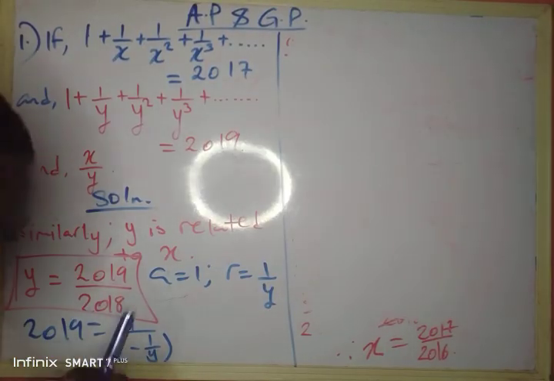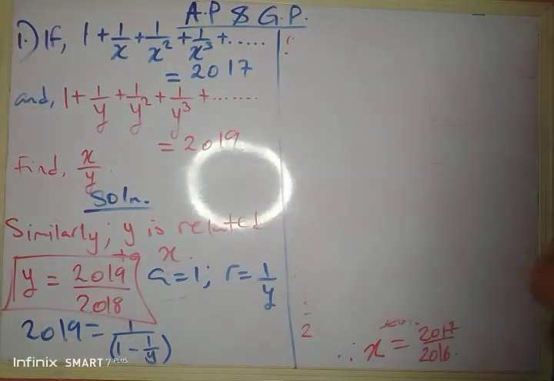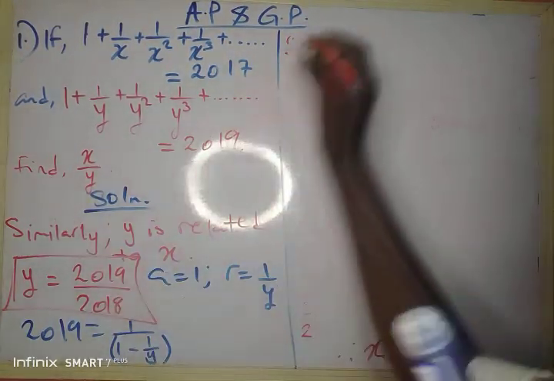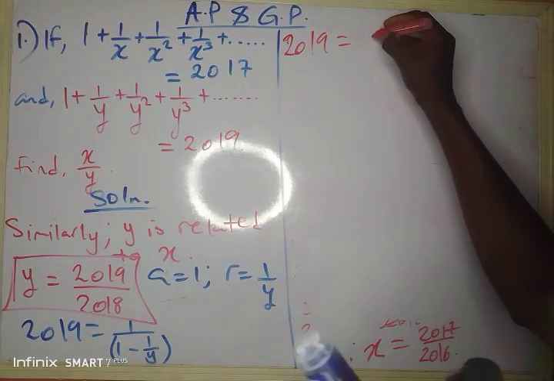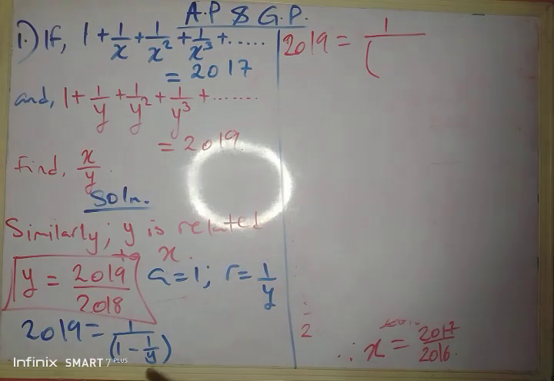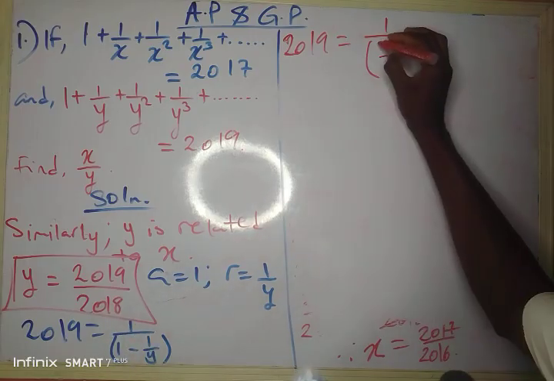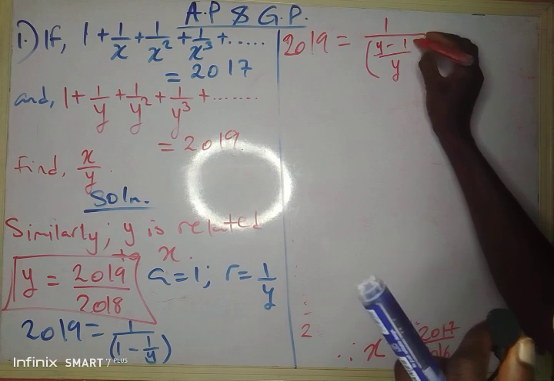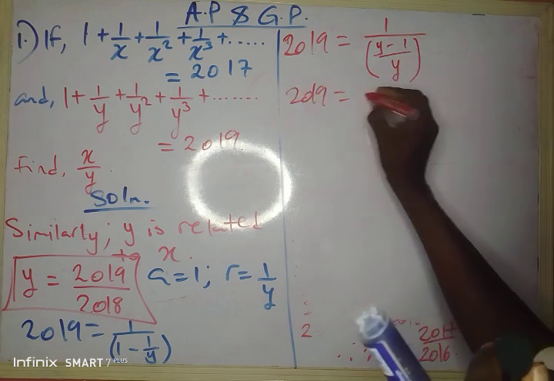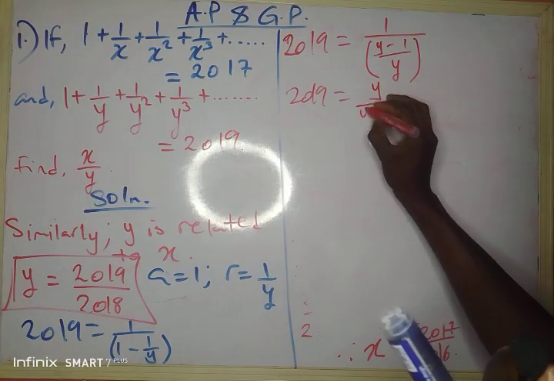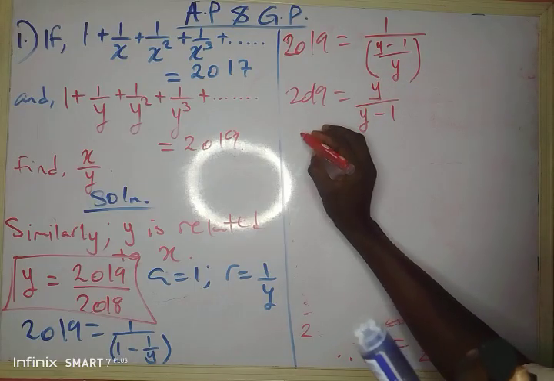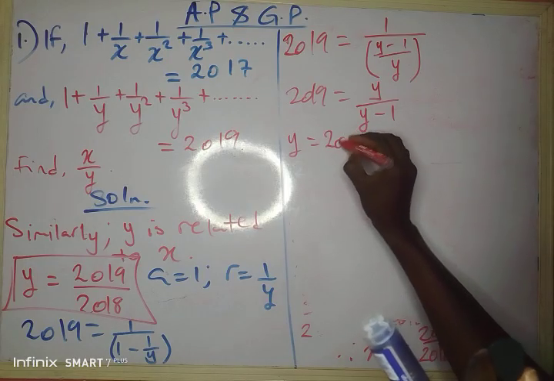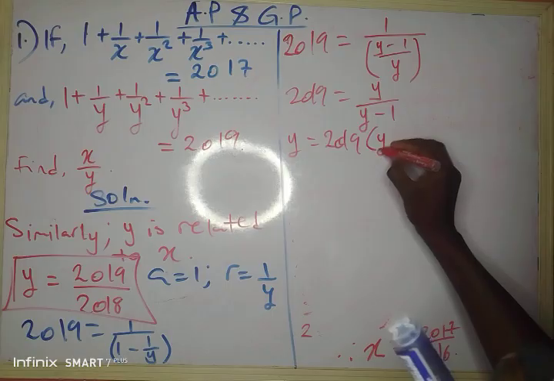So from here, 2019 equals 1 over, find the LCM of this, it's going to give you y over y. 1 is still y times 1, y minus 1, so 2019 equals y over y minus 1. Cross multiply, then I have y equals 2019 into brackets y minus 1.